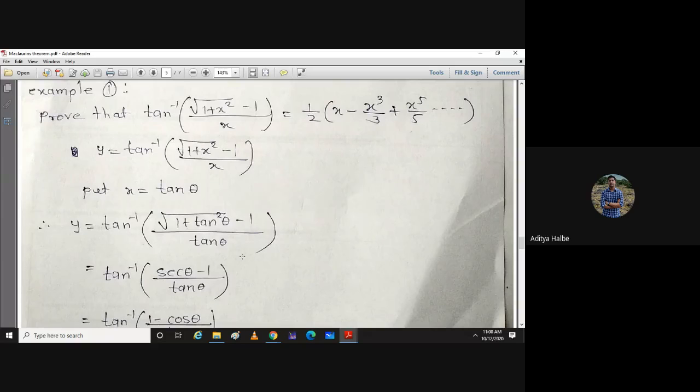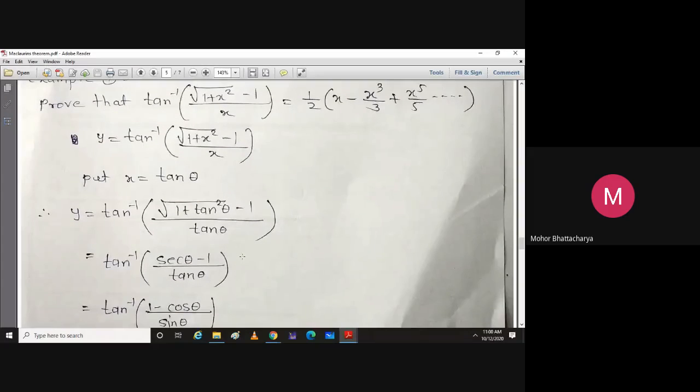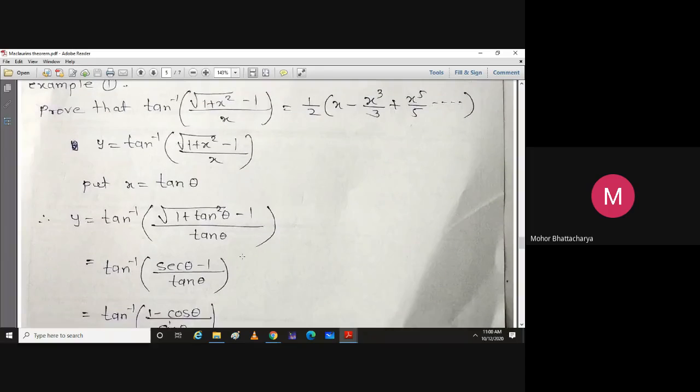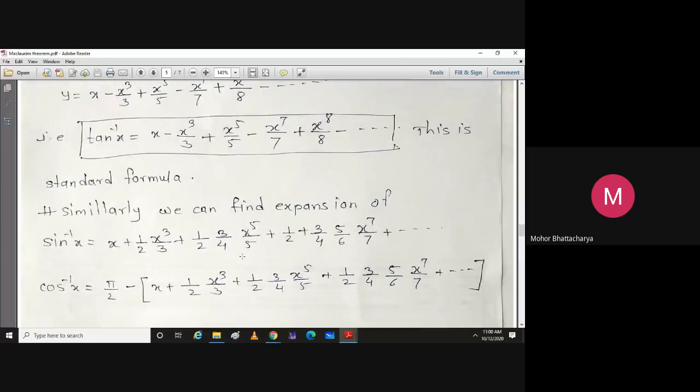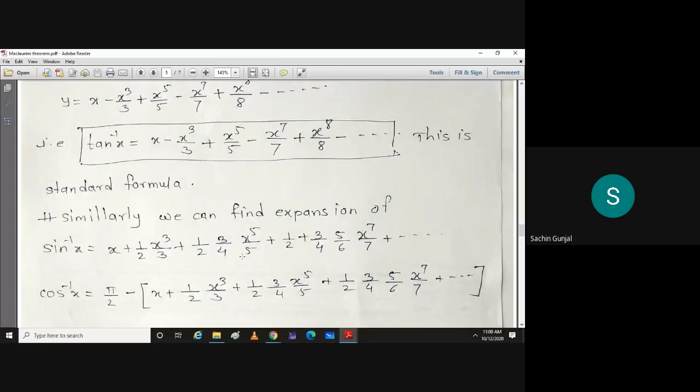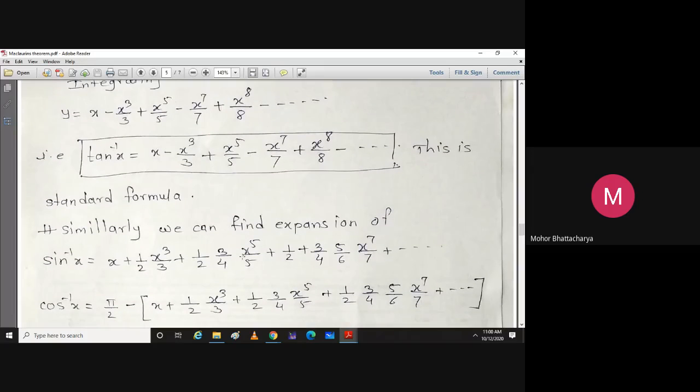Yes, sir, one minute. Okay. Can you show the previous page for just 2 seconds? Is this? Yes, thank you, sir. Sir, it's done. Done? Yeah, okay.